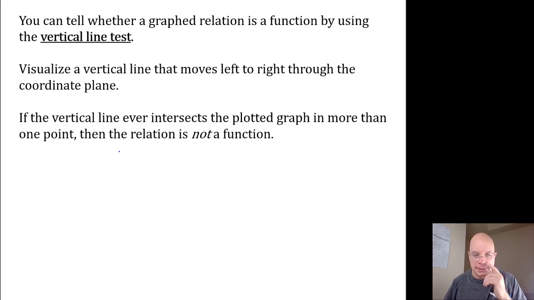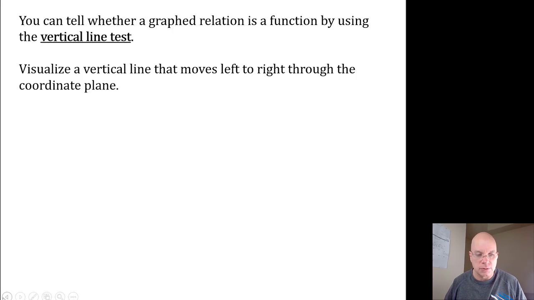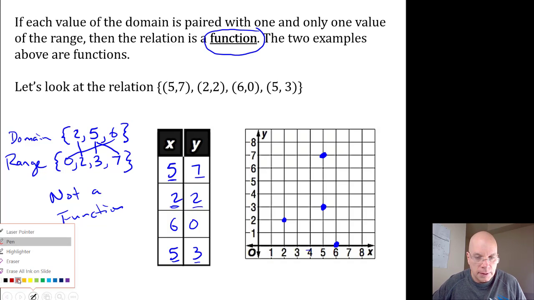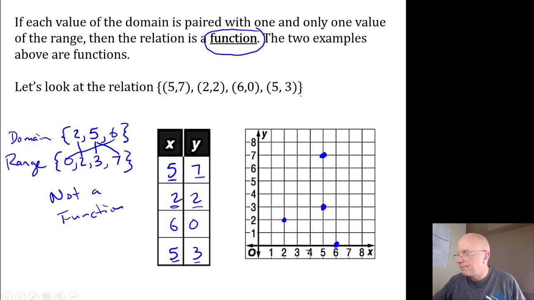I'll just go back to the last example that we just did to show you what I mean. If I have a vertical line right here, it intersects no points in my relation. If I have a vertical line here, it intersects 1 point.